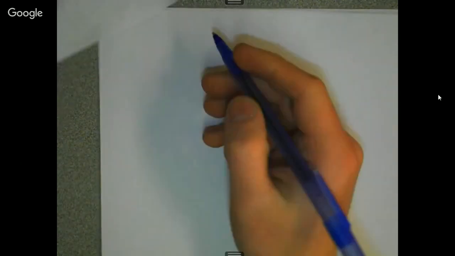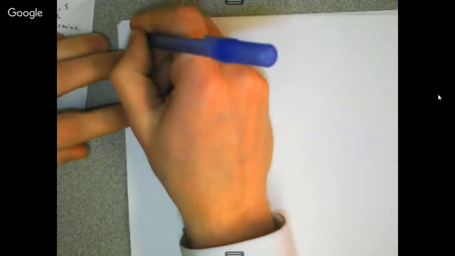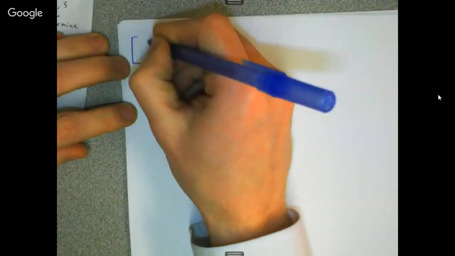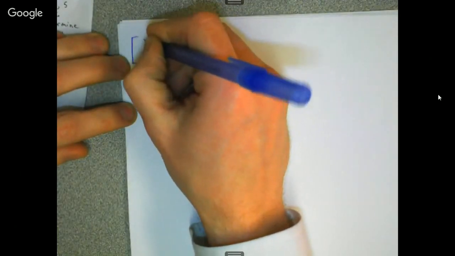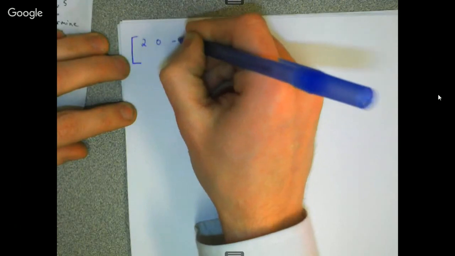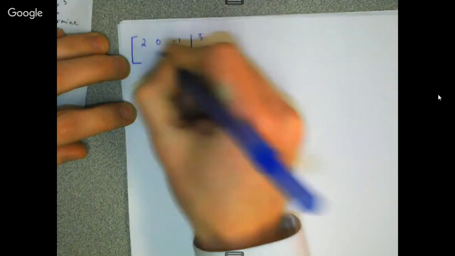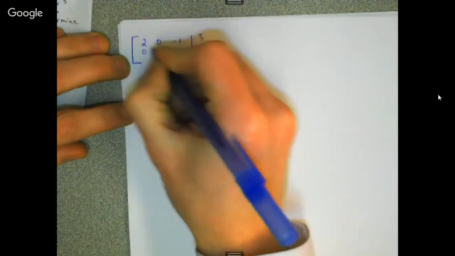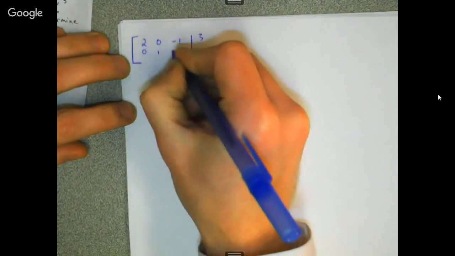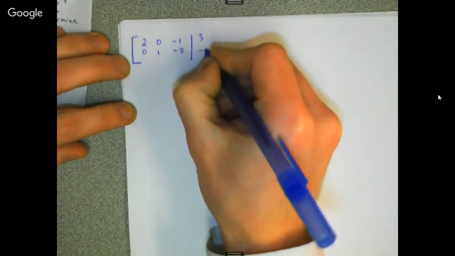All right, so we first write our system in matrix form and setting it equal to your solutions. Make sure you're putting zeros in as placeholders.